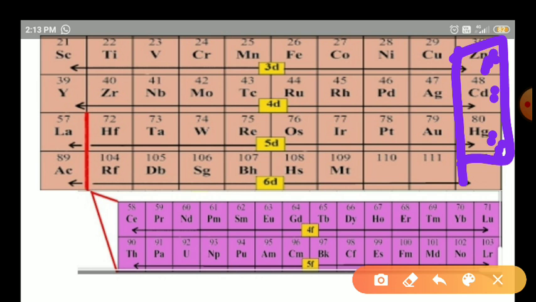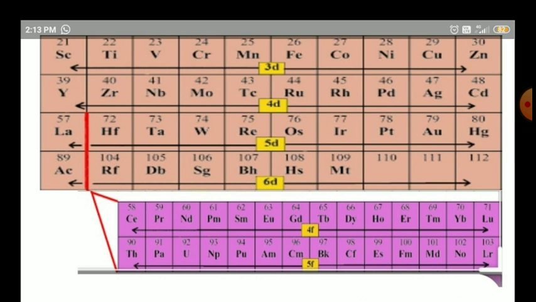These last three elements have electrons completely filled in the d orbitals. So there is no promotion of electrons to the next higher energy level, because they are completely filled. So that's why these are considered non-transition elements.